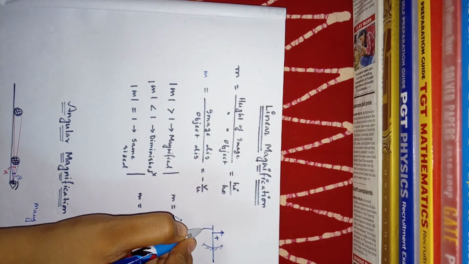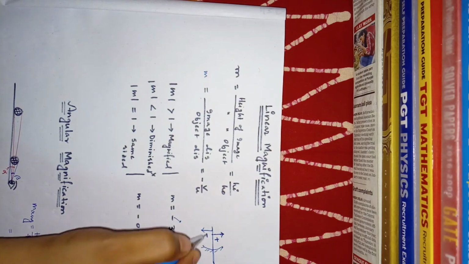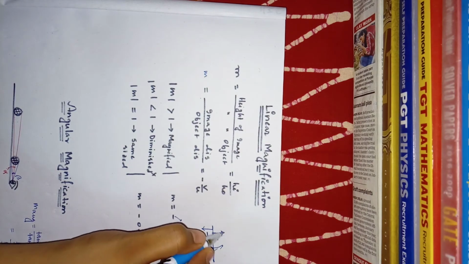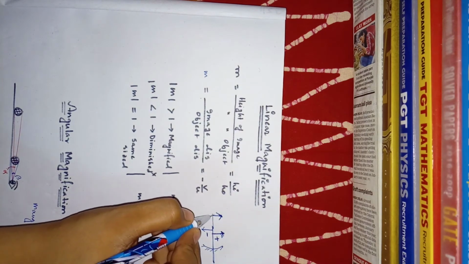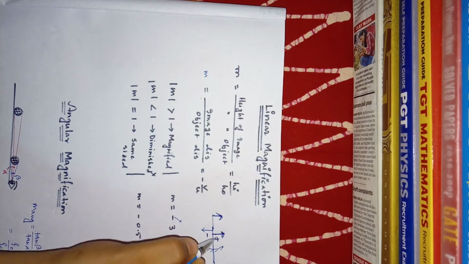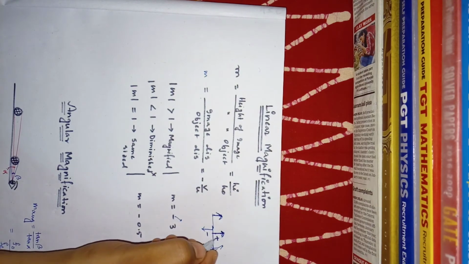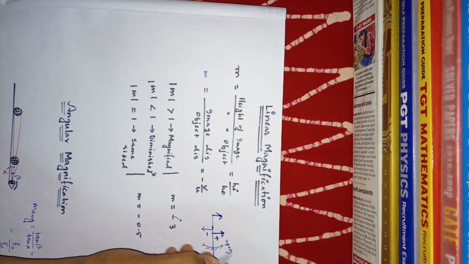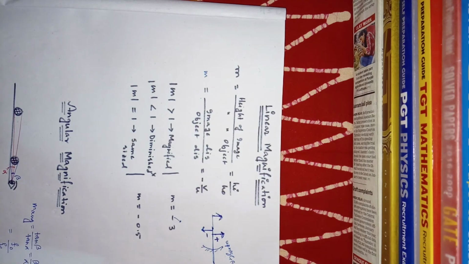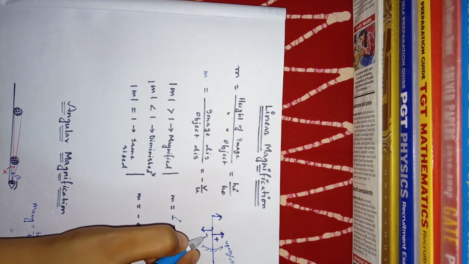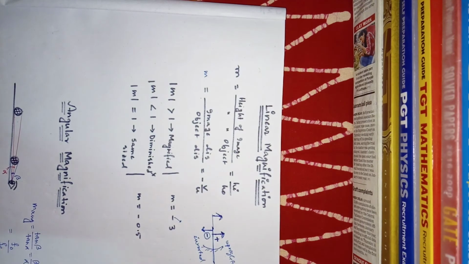If it is below the principal axis, it will become negative. The object is always placed above the principal axis. Now if object and image are both on the same side of the principal axis, it will be called upright, or erect in other words. But if it is in the opposite direction, below the principal axis, it will contain a minus sign. So we will say an inverted image will form, right?